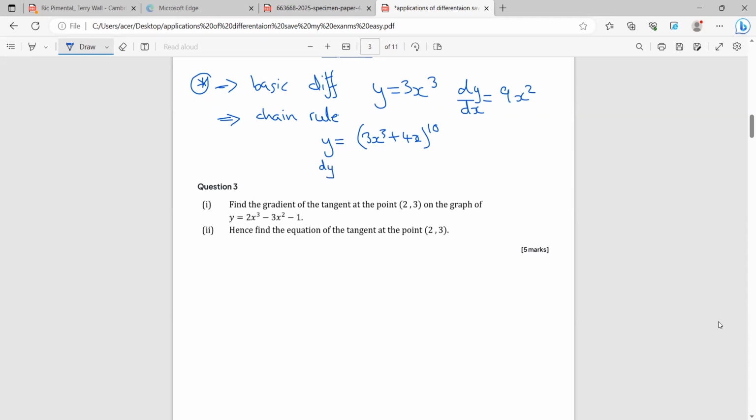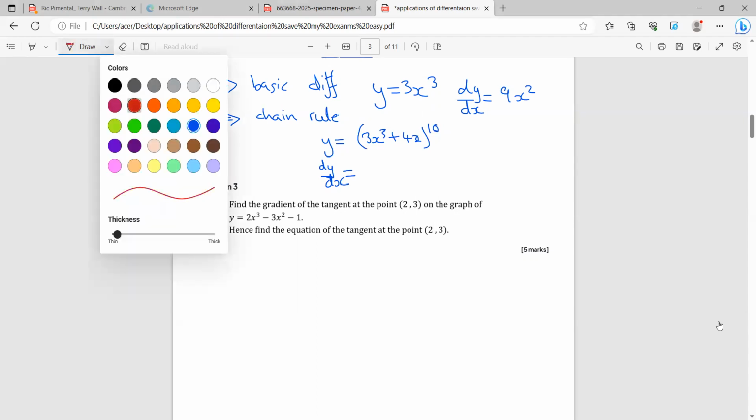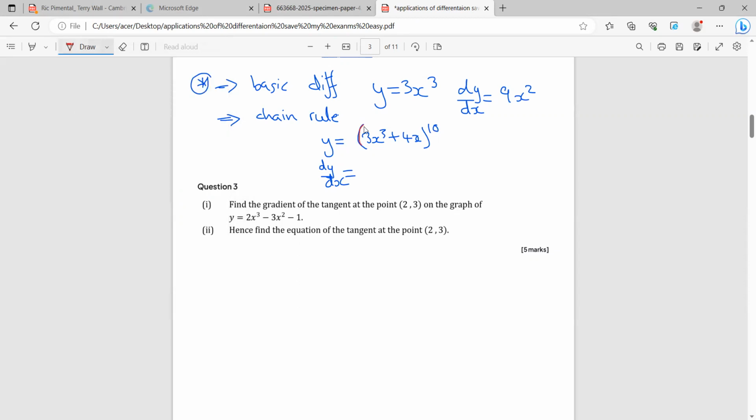So in this case, our dy dx will be, the first thing that you need to do is to differentiate the outer function. Our outer function is made up of this 10. This is the only part that is outside the bracket. So we're going to differentiate the red part, that 10 and the brackets.